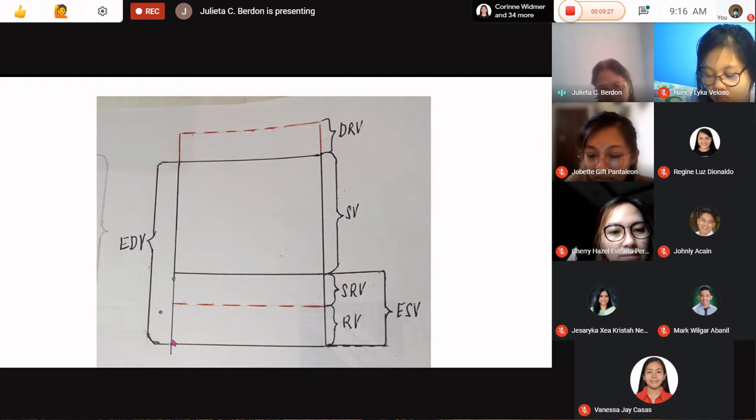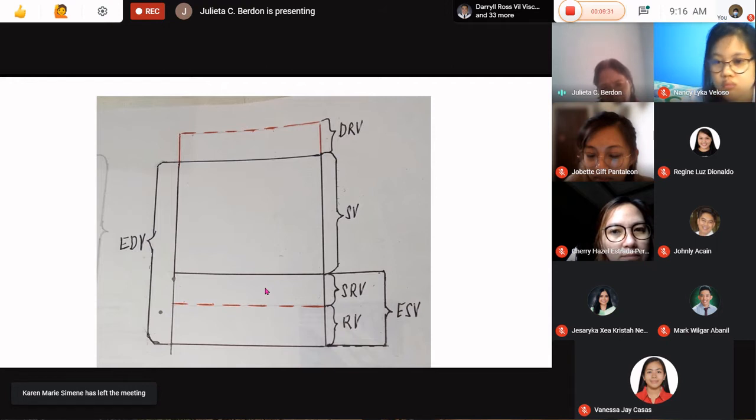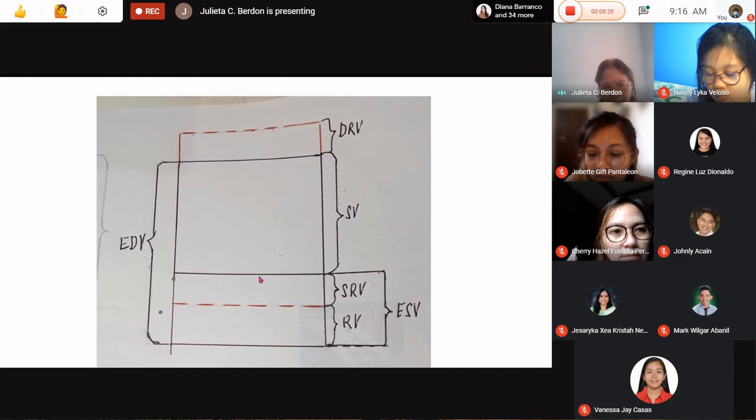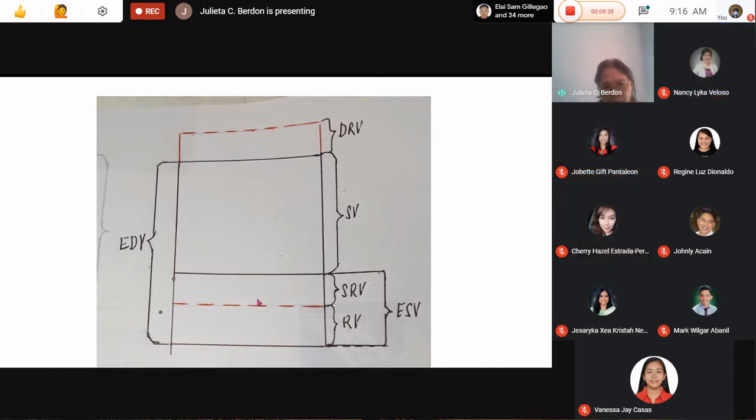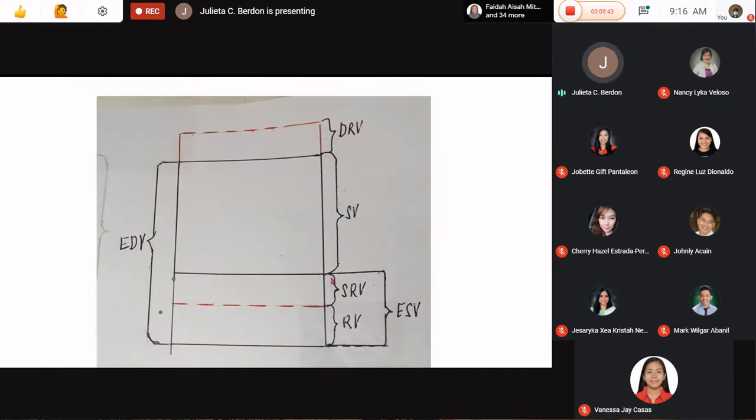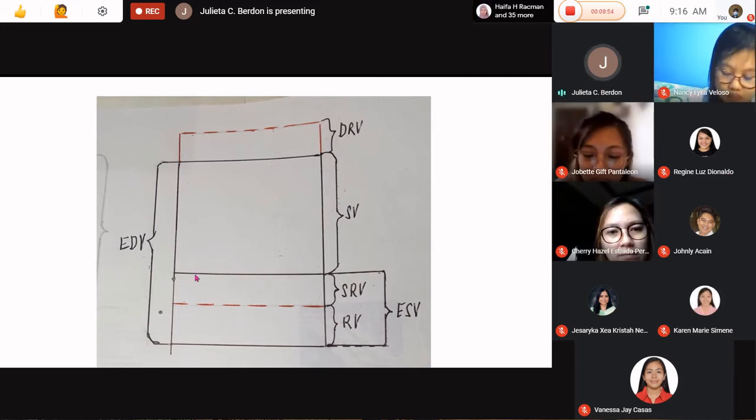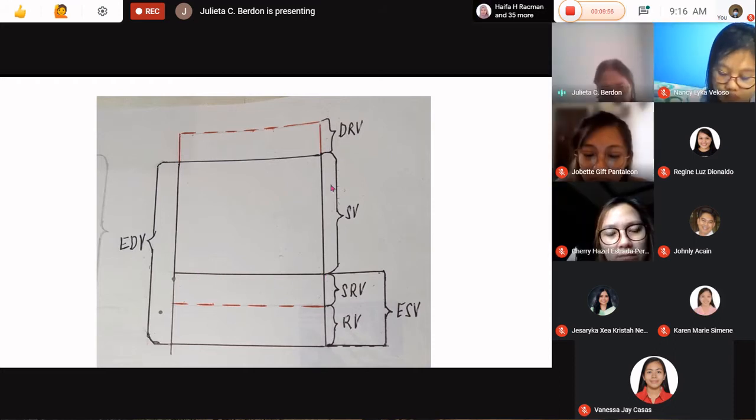But if you increase the force of contraction of the heart, the heart will still be able to eject an additional amount, which we call the systolic reserve volume. It is a reserve because, like now, you're sitting down and you are just expelling this amount.